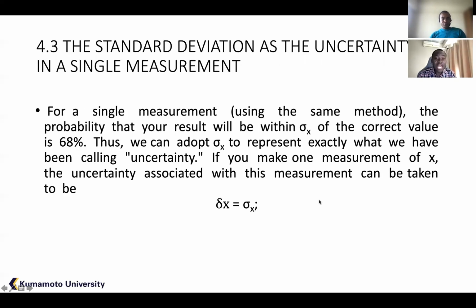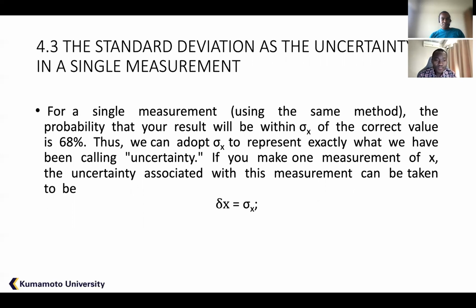In many real life scenarios, however, we may not have the opportunity to take several measurements. And so in this case, we can use the standard deviation as the uncertainty in a single measurement. The probability that our results will be within the range of the standard deviation of the correct value is always 68%.